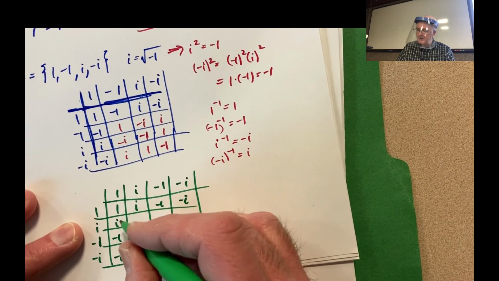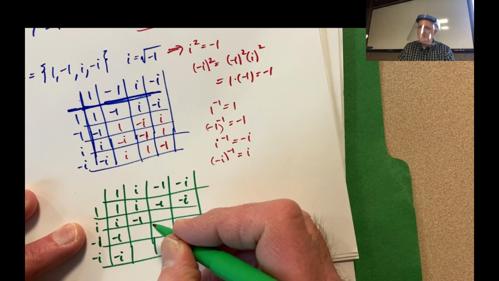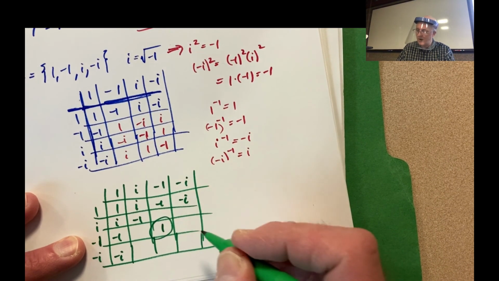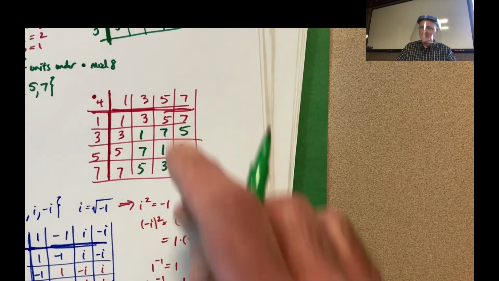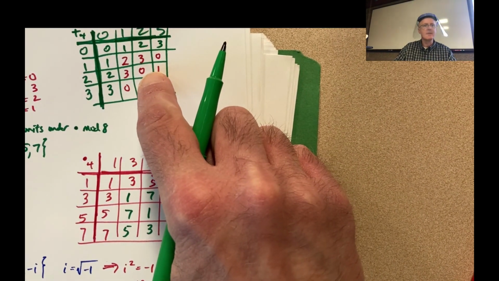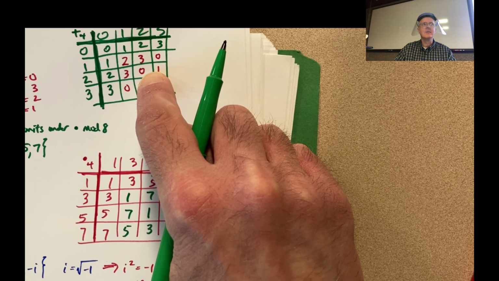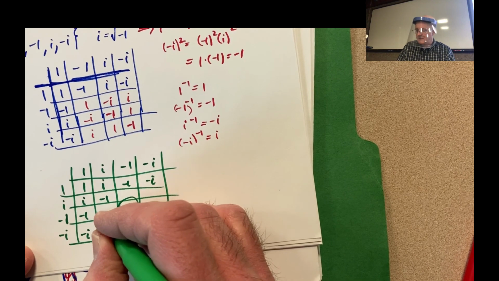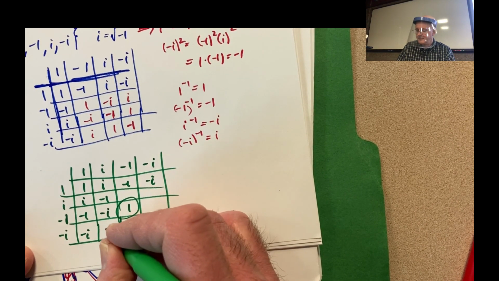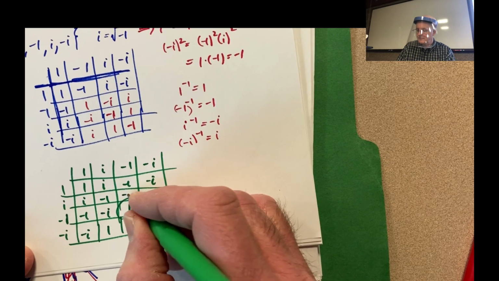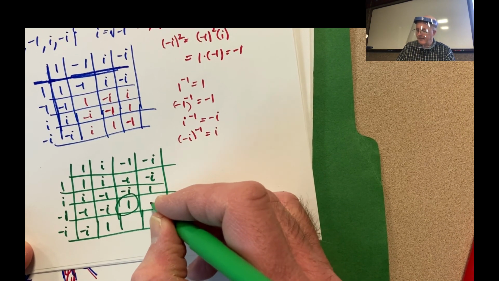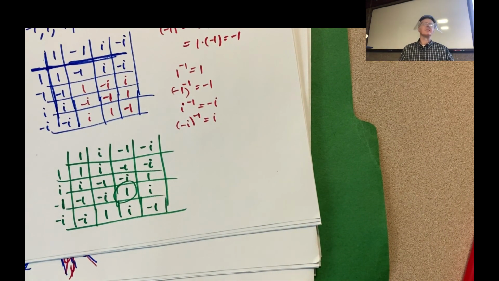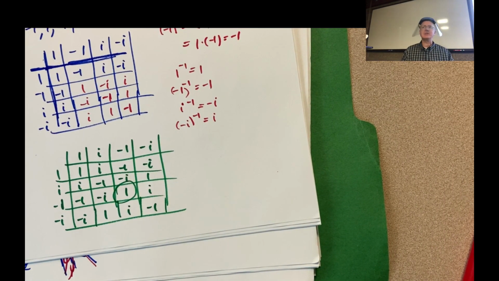For example, here you get I times I was -1, not the identity. Here in this spot right there, you get -1 times -1, 1, which is the identity, which matches the fact that you have a 0 right here. So you just need it in a different order is all. Now those tables would match up the pattern.